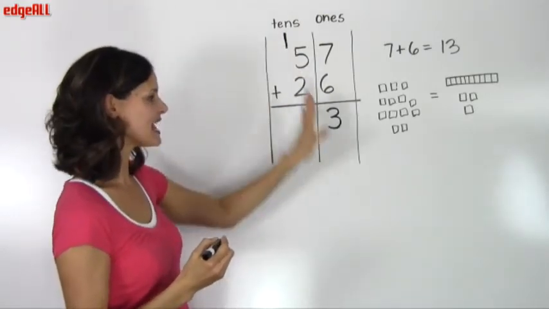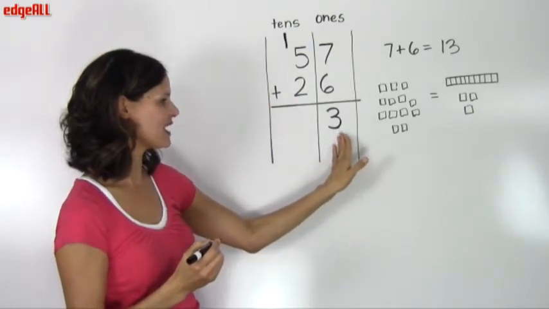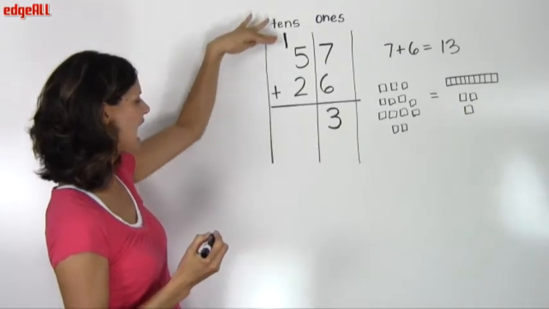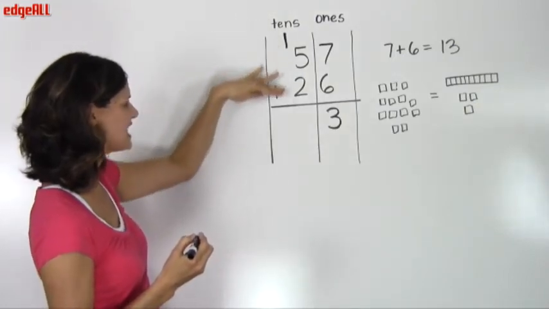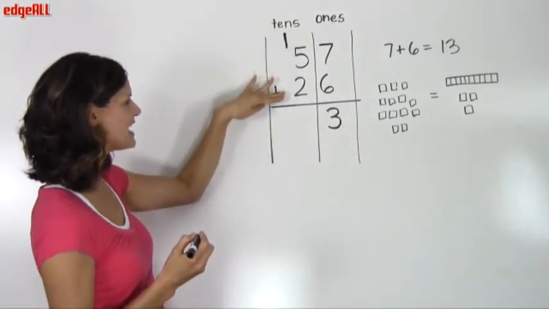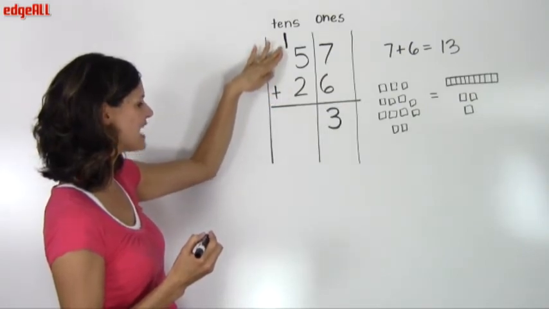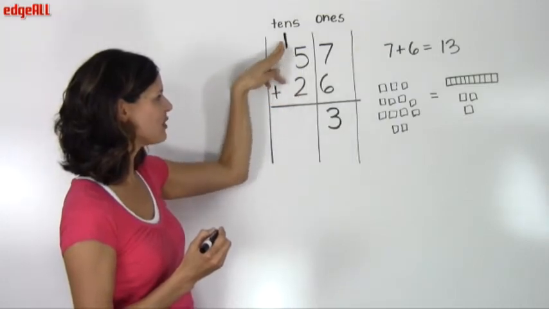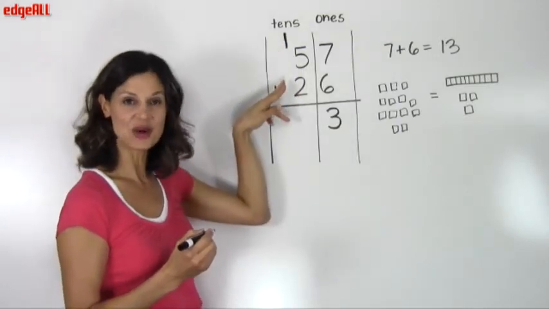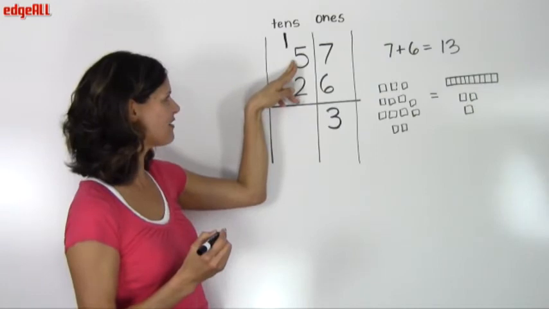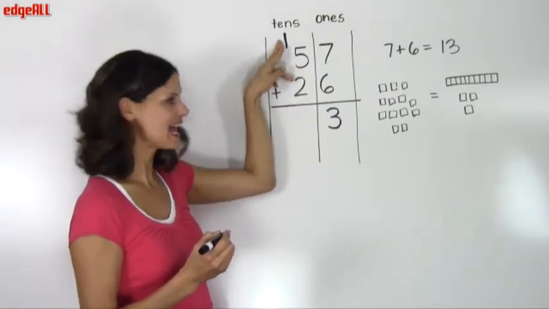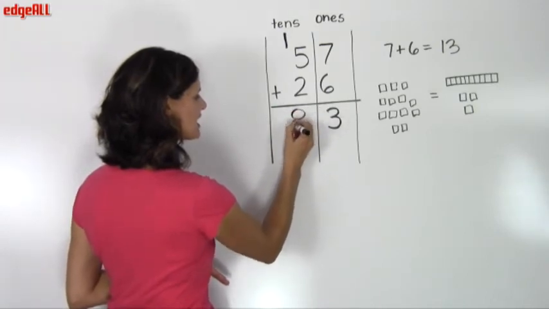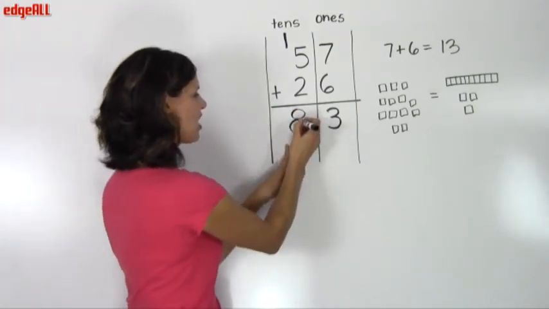So we keep the digit 3 in the ones place, but we move the 1 from the tens place up to the top of the tens column here. Now all we need to do is add together the digits in the tens column, the 5, the 1, and the 2. So 5 plus 1 is 6, plus 2 is 8, and we place our answer here in the tens column.